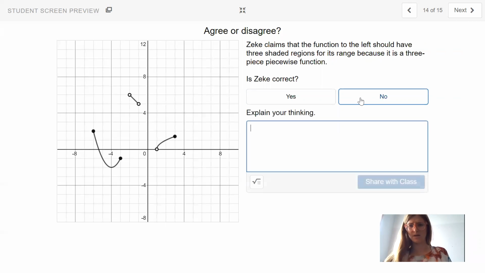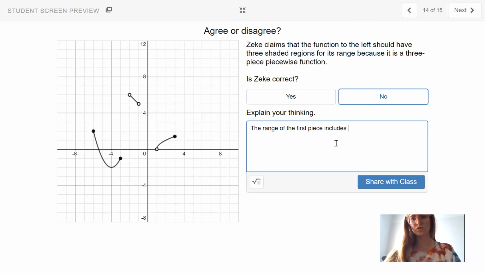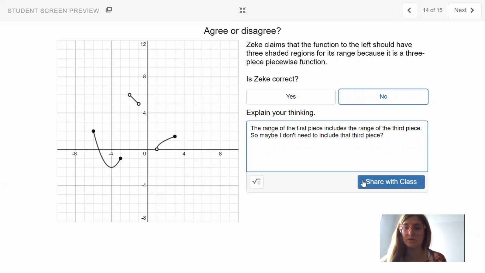So I'm going to guess that I'm not correct. The range of the first piece includes the range of the third piece, so maybe I don't need to include that third piece. I'm not totally sure.